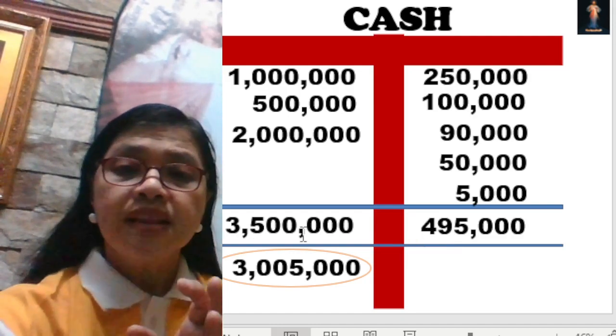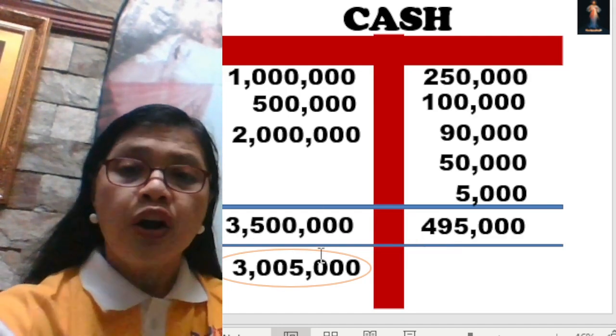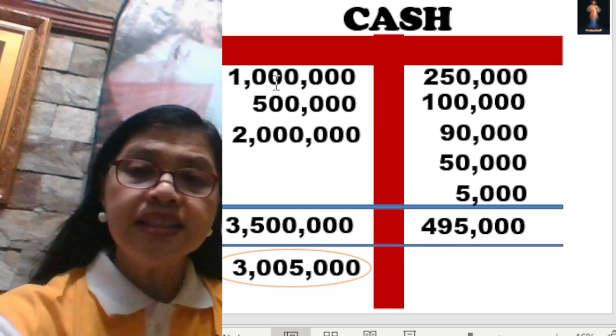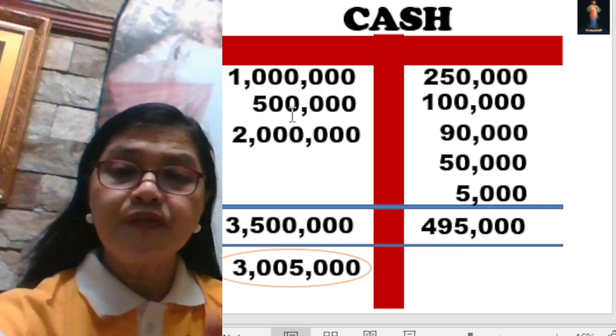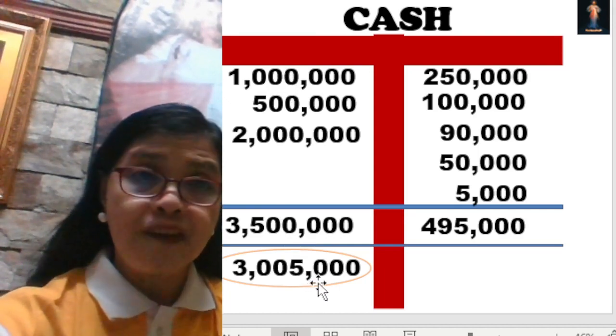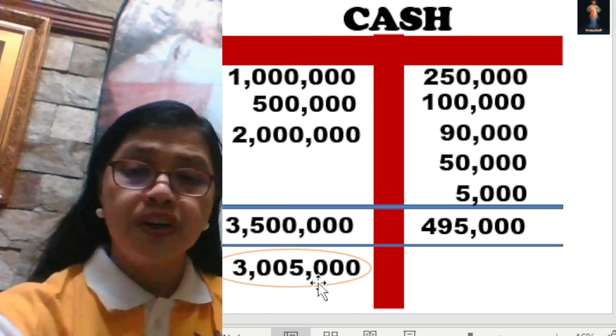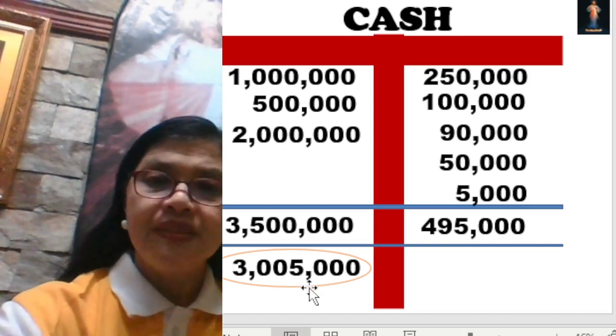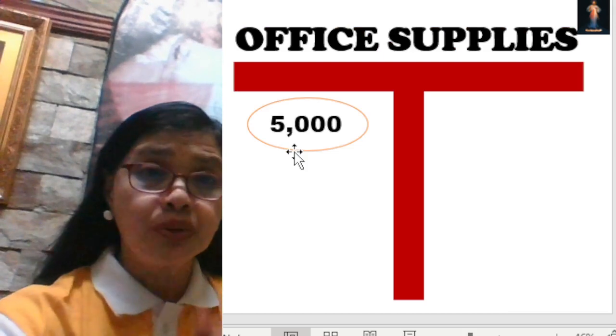So you put the value of cash on the side which has the higher value. And since the higher amount is on the debit side, your 3,005,000, which is now the balance of your cash, is on the debit side. Okay. Next, the office supplies, there is only one entry.